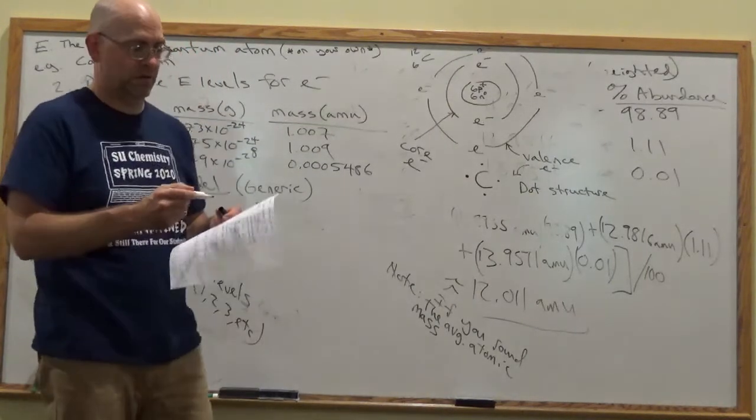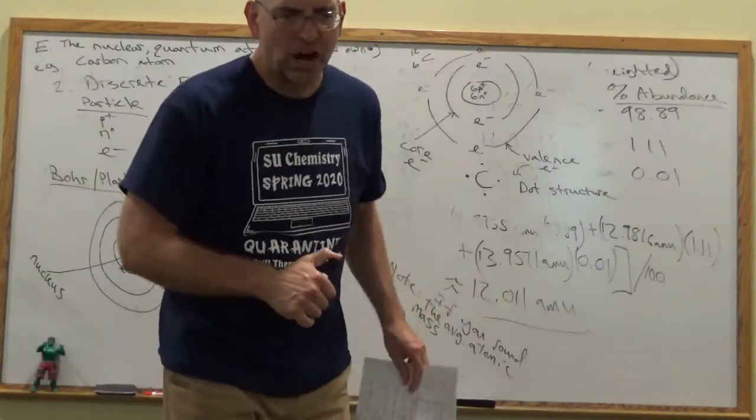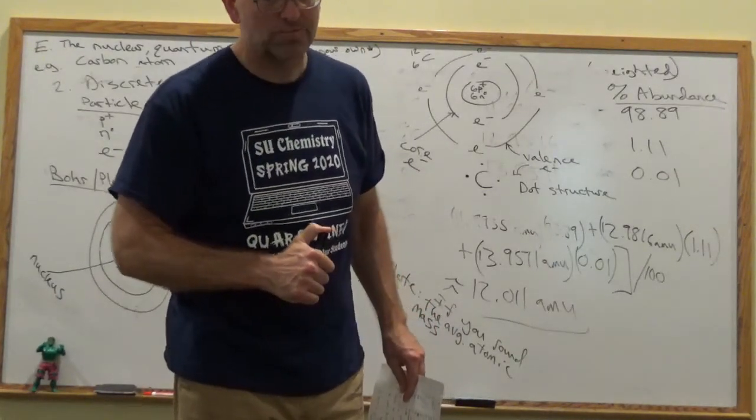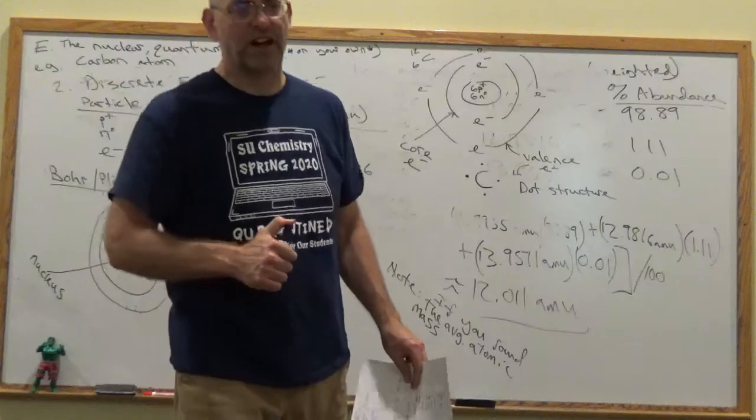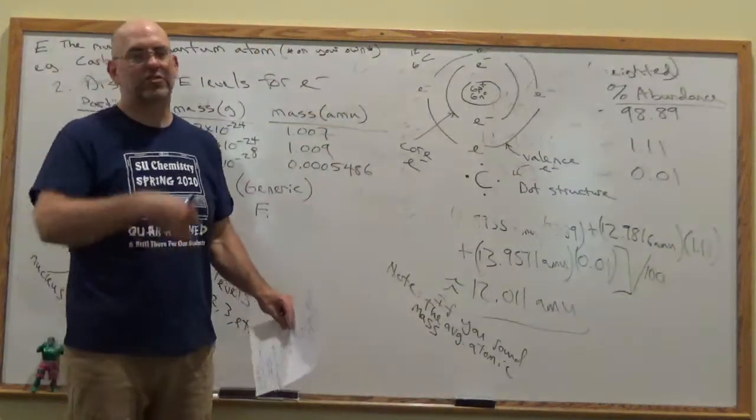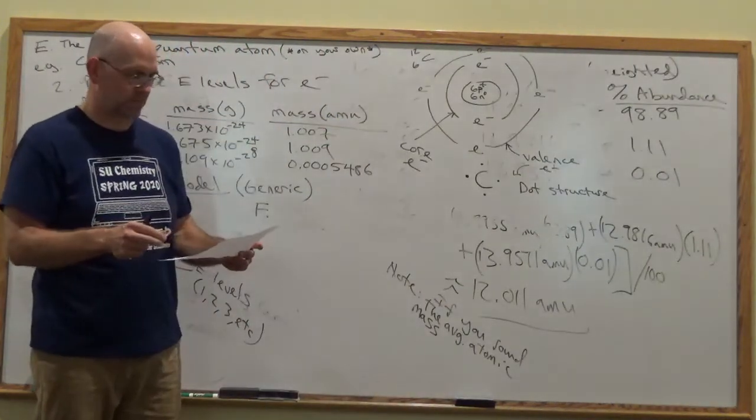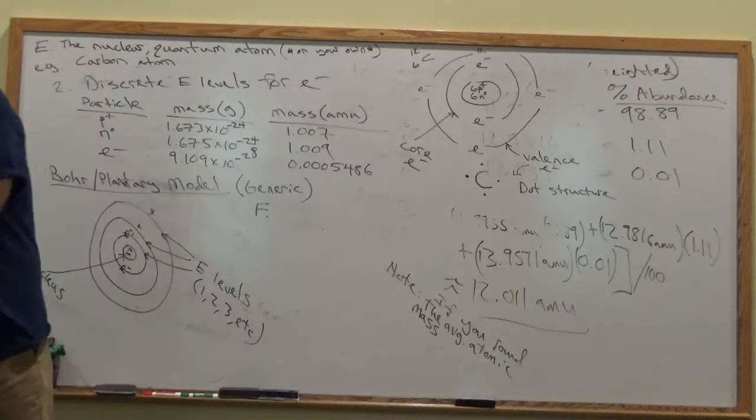Letter F, atomic structure and the periodic table. Fine, you can write all that down, and you can find this in the book. I don't think we need to do this.